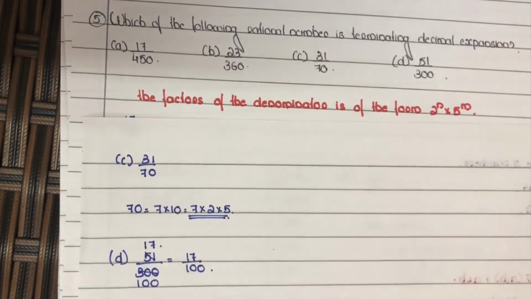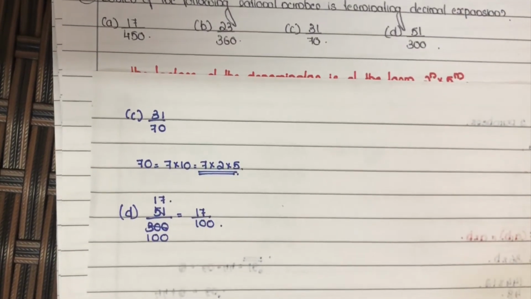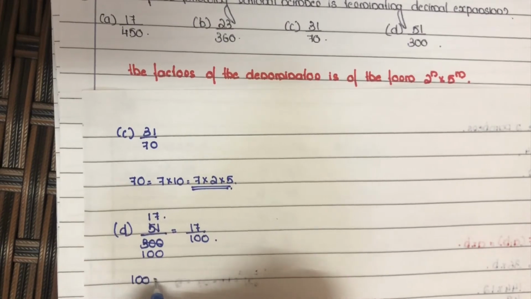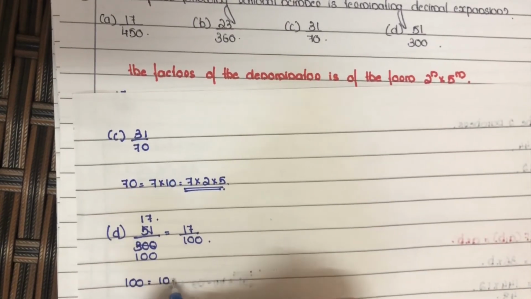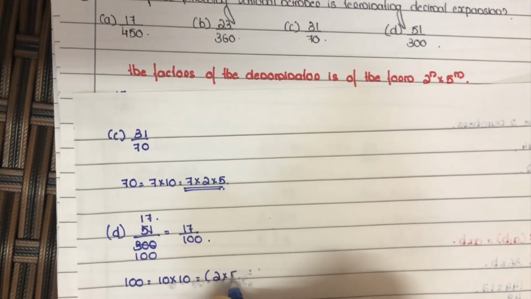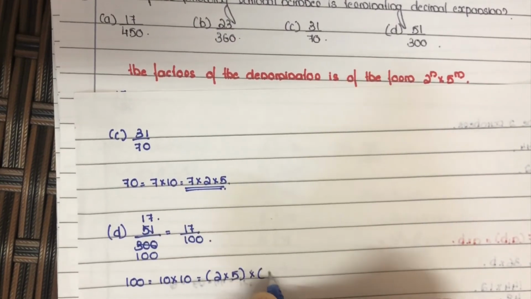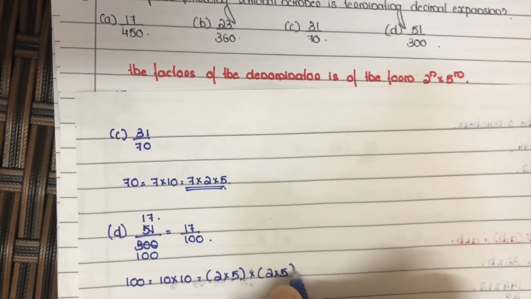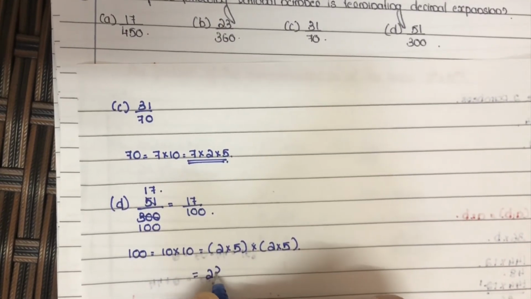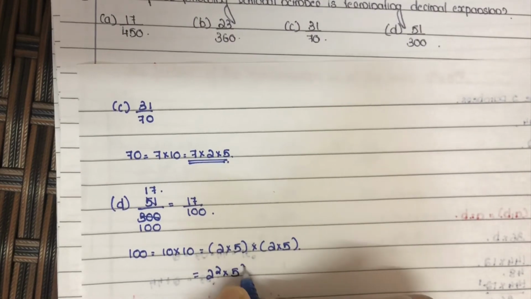Now write the prime factorization of the denominator. The denominator is 100, that is 10 into 10, which equals 2 into 5 into 2 into 5. That's equal to 2 raised to 2 into 5 raised to 2.